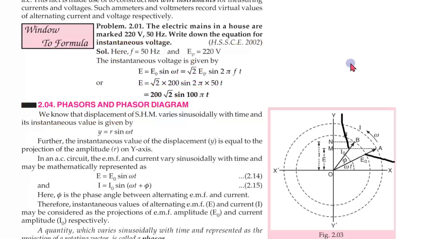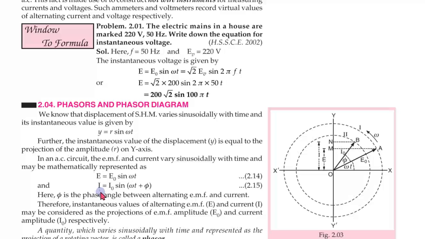A phasor is a quantity which can be represented in a particular diagram. Now in this chapter we'll consider this circular diagram, with E and I as phasors.